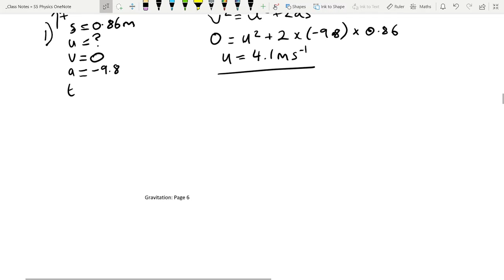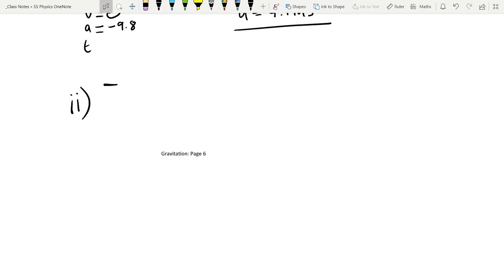Let's write down everything we know first. We've got horizontal motion and vertical motion. Horizontally, we know the distance is 7.8 meters. We want to know the initial horizontal speed, and we don't know the time.